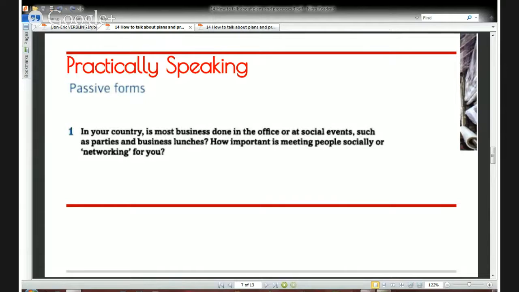In other words, when you're trying to get someone to be your partner, or to convince them to invest, or to work with them more closely, we say a little bit of wine and a little bit of dinner goes a very long way, because you have to get to know them personally, at least a little bit. It's a way to say to convince someone, but in a very personal way, to wine and dine. That's kind of what you're talking about. So that's kind of networking, to wine and dine in English.